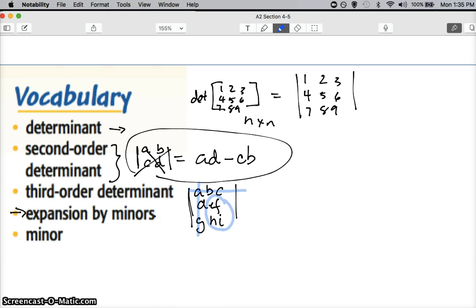So notice if I cross out that top row and this first column, I get this little matrix here, which is a minor. And I know that sounds crazy, so it's going to make sense when we do it. And so that's what a minor is, a smaller part of our matrix or of our determinant, and we'll use them in a moment.